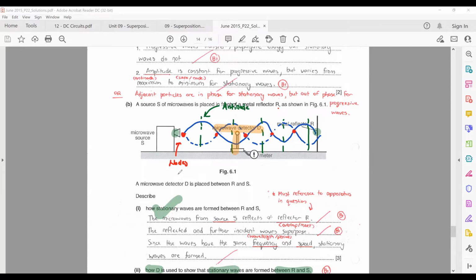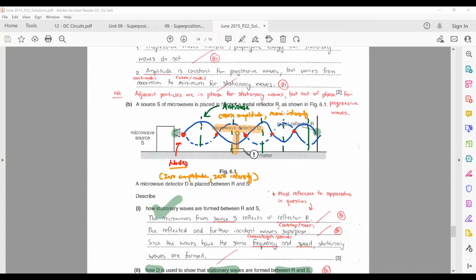All right, now so if your node is where you have 0 amplitude, you expect to detect 0 intensity of microwave. Whereas for your antinode, that's the point where you have maximum amplitude, you're gonna detect maximum intensity of your microwave.